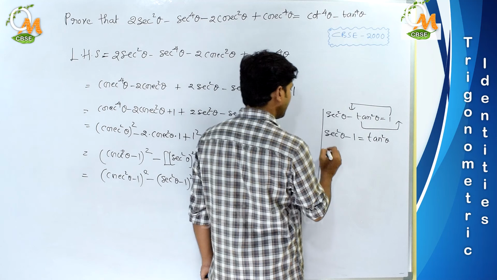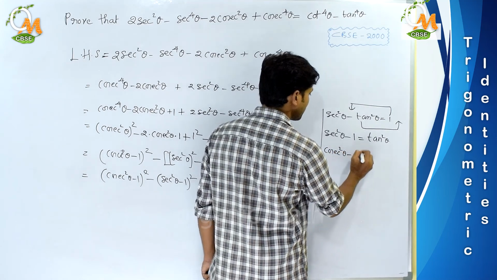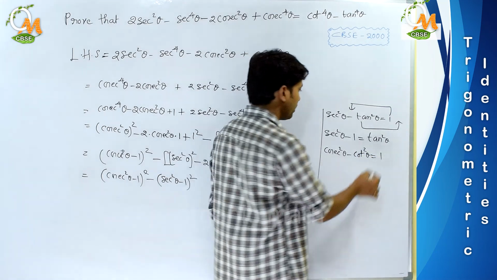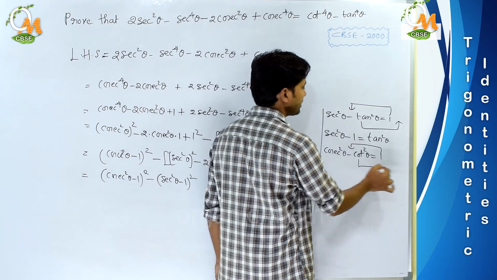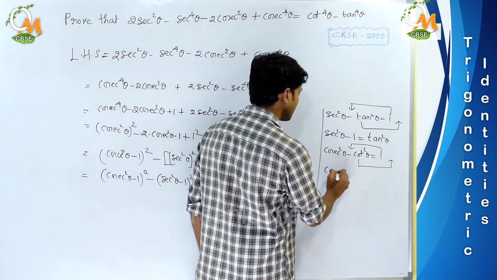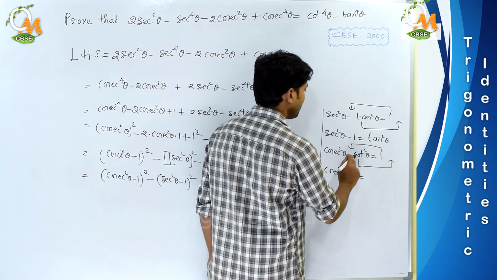One more identity we have: cosecant square theta minus cot square theta equals 1, already known. Here also send this 1 to this side and cot square theta to the other side. Then cosecant square theta minus 1 becomes cot square theta.